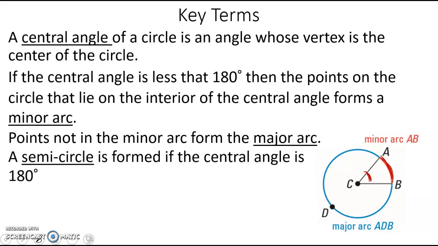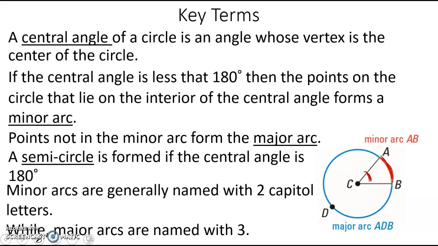A semicircle is formed if the central angle is exactly 180 degrees. And now this next point is a little different from book to book, but in our book, minor arcs are named with 2 capital letters. Major arcs would be named with 3 capital letters. So they wouldn't call this arc AB and then mean go all the way around.